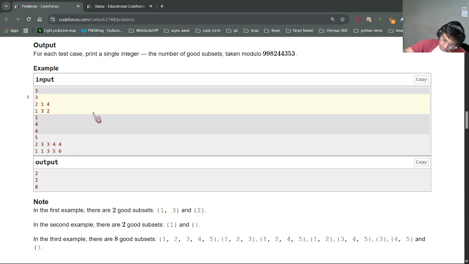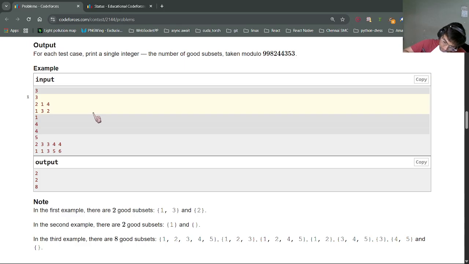Two at a time, we get one, two, one, three, one, four. Three at a time, we get one, two, three, one, two, four, one, three, four. Four at a time, we get one, two, three, four.